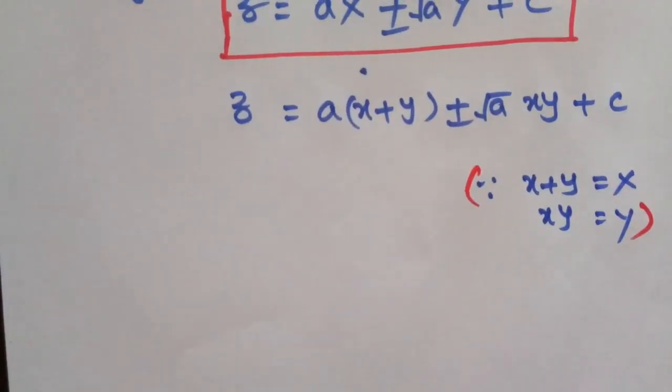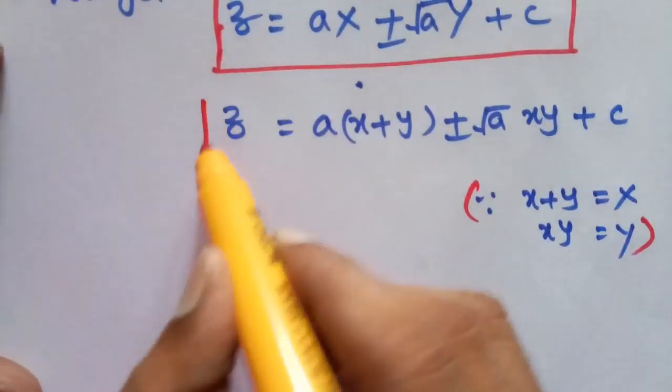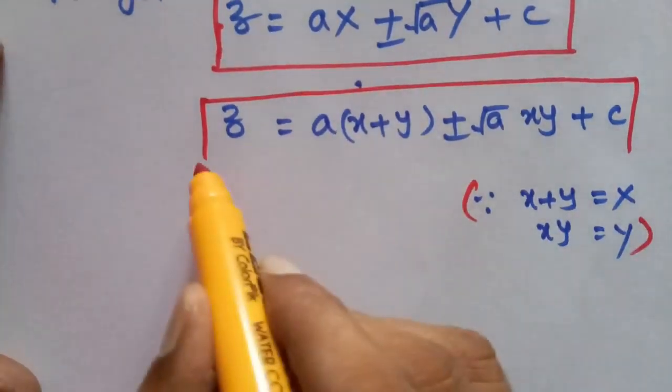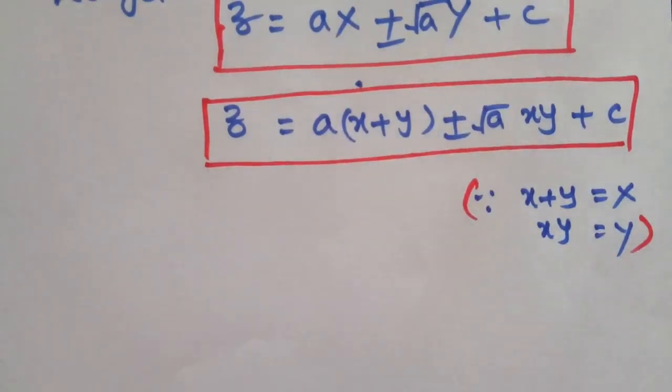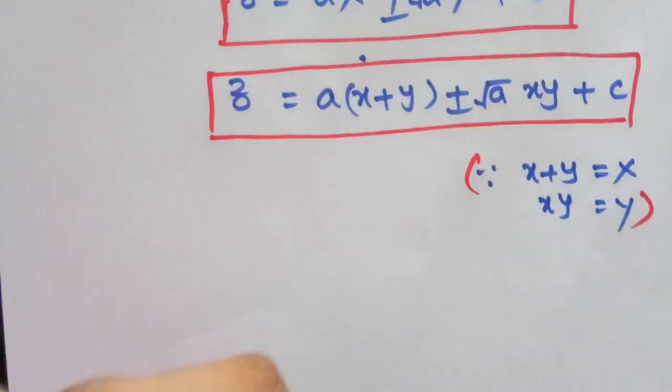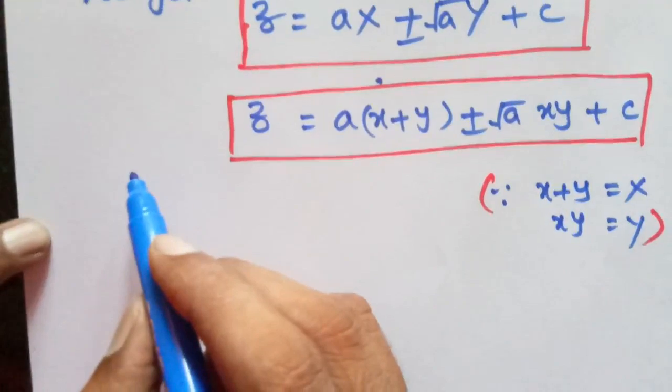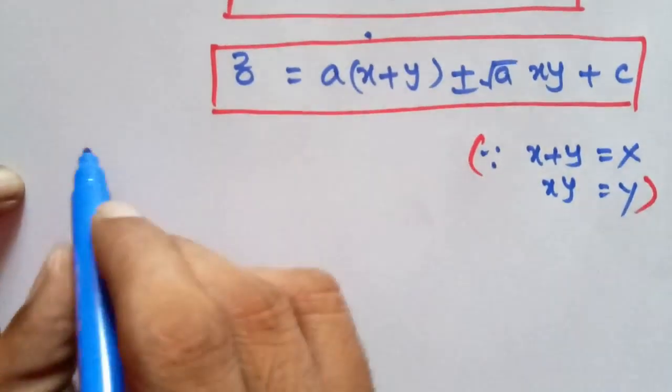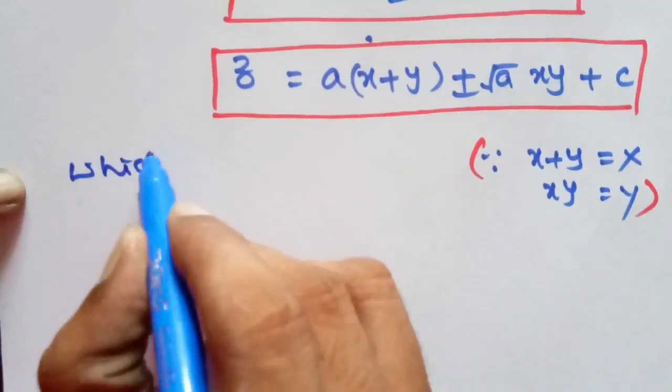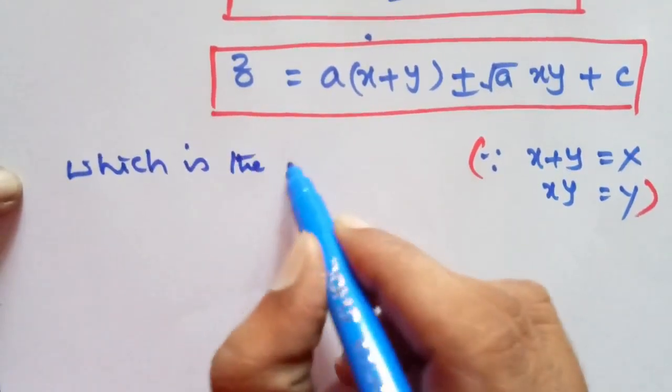Therefore, this is the complete integral of the given equation, as it contains two independent variables x and y and two arbitrary constants a and c, which is the complete integral.